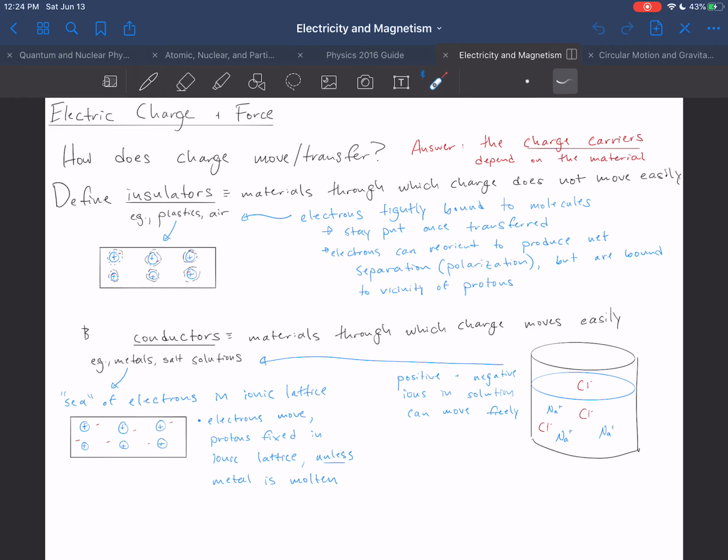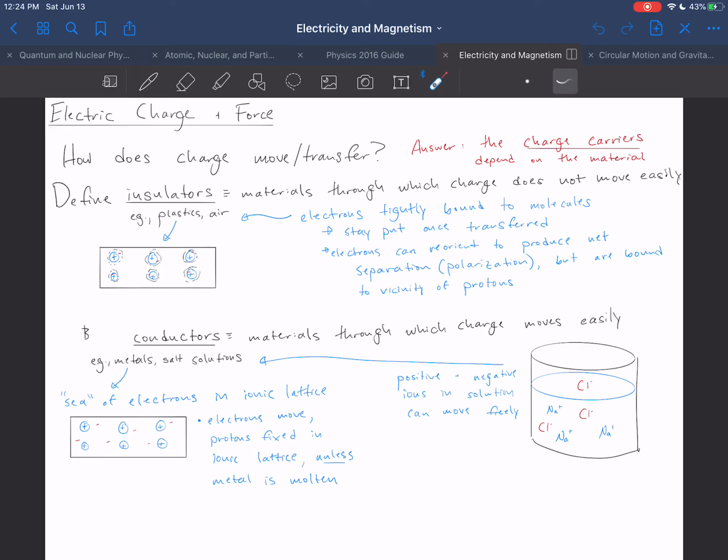That's why you are more likely to be hit by lightning standing out in the field than the air next to you is. But we are insulators compared to something like a metal. So if lightning hits a car that we're in, for example, or a building that we're in, that lightning, that electricity, and that charge will travel along the outside of the building along the metal, because metal is a much better conductor than we are.